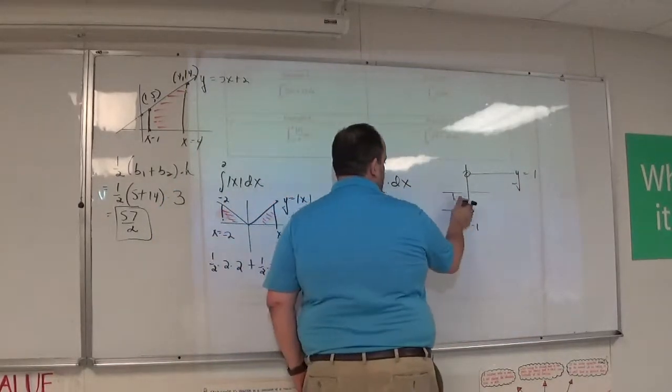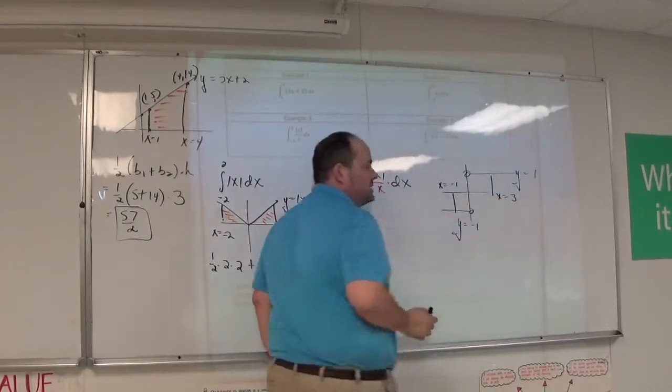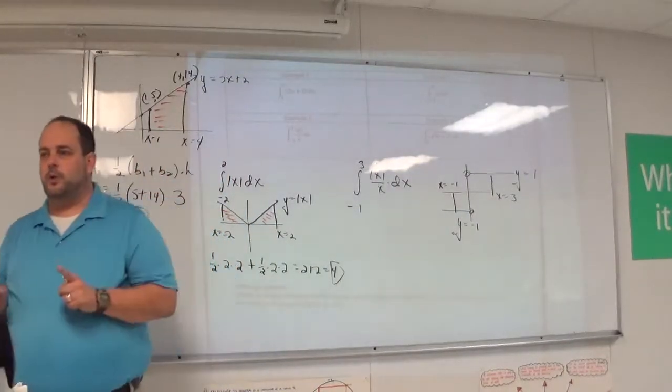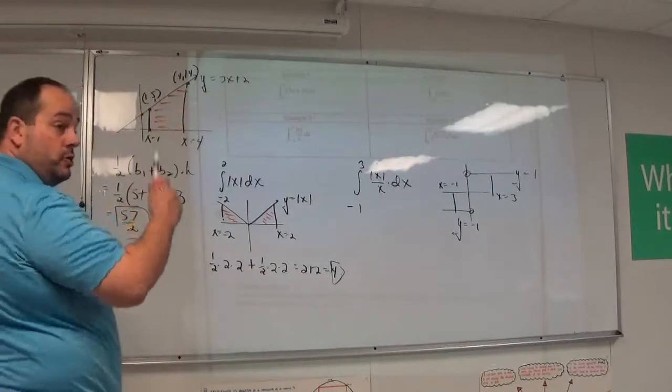We're going from x equals -1 to x equals 3. When we look for the definite integral, it's always bounded by the function, the x-axis, from your starting point to your ending point.